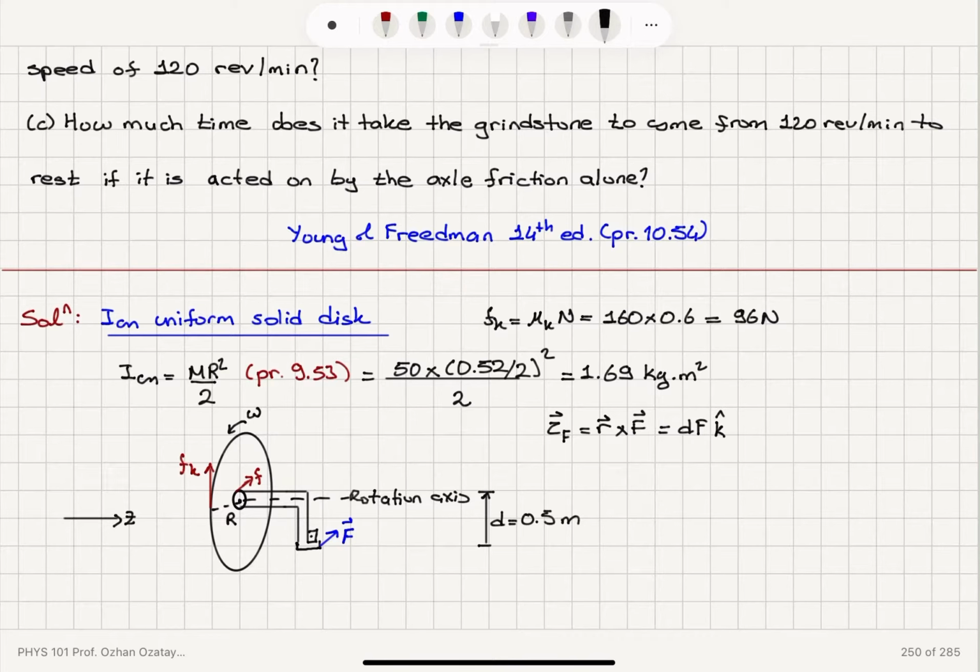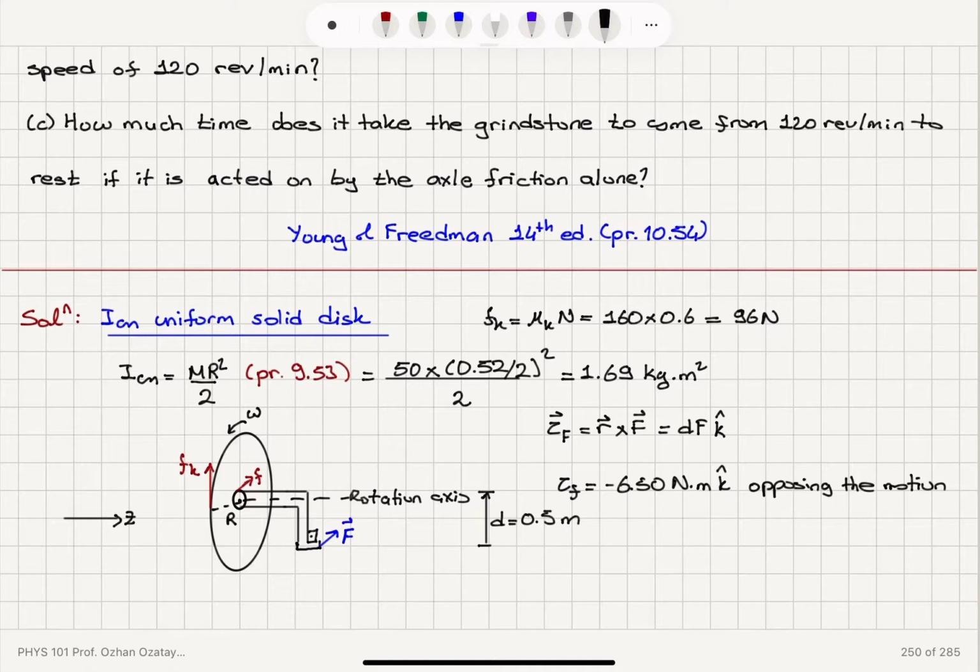And there is a friction torque applied by the friction between the axle and the bearings that is going to be opposing this torque exerted by the handle. So it's going to be minus 6.50 newton meters k hat. That's opposing the rotation, opposing the motion.